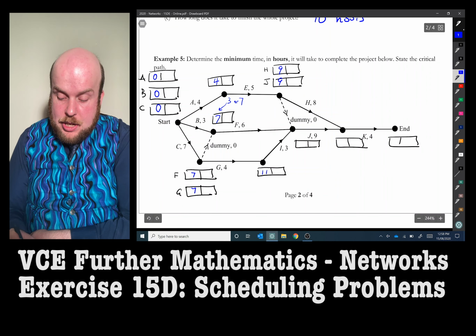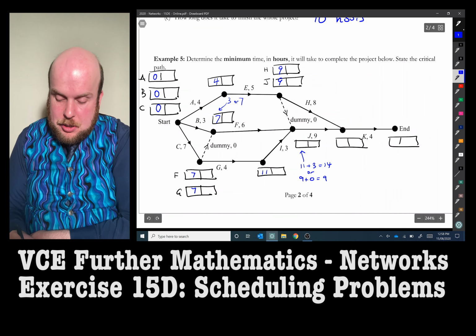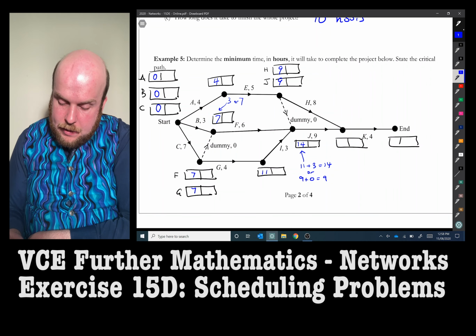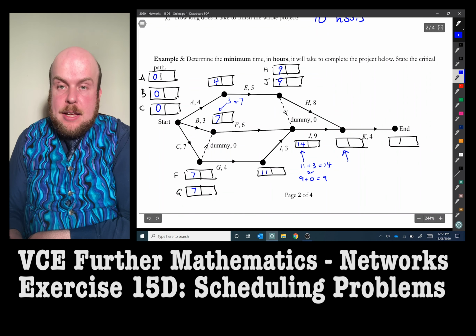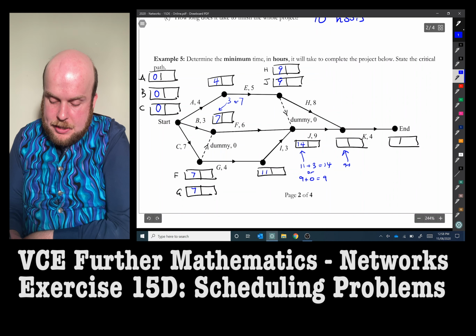For activity J, the earliest starting time will either be 11 plus 3, which is 14, via I, or 9 plus 0, which is 9. We go with the slowest predecessor, so it's going to be 14. For activity K, the predecessor choices are either 9 plus 8, which is 17, or 14 plus 9, which is 23.